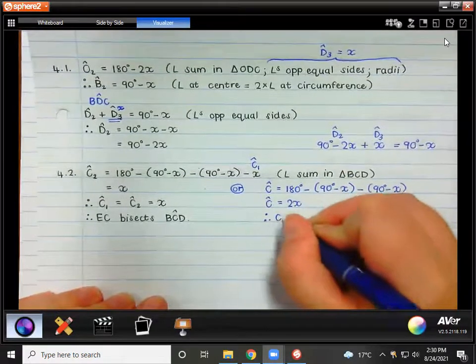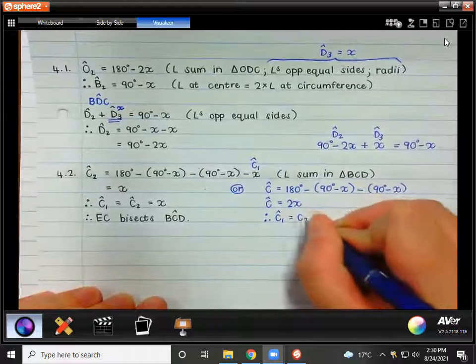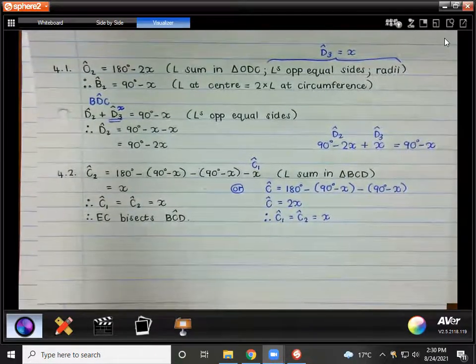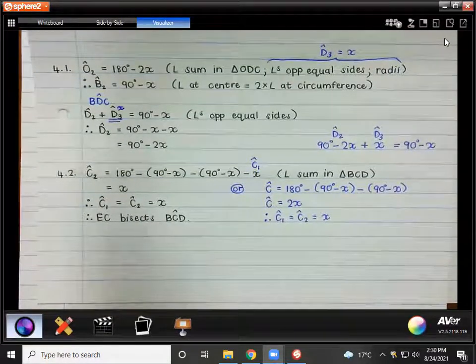Therefore, C1 is equal to C2, which is then x, and then you could have made your conclusion from there. Okay, so I decided to minus C1 straight away, but you could have just found C on its own first and seen that that was 2x. If the one half is x, then the other half also has to be x. Okay.